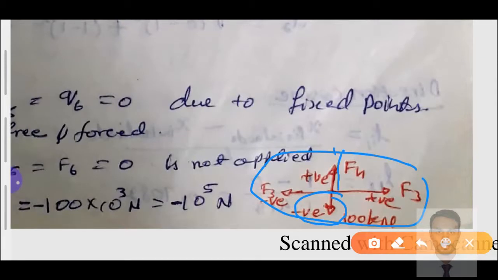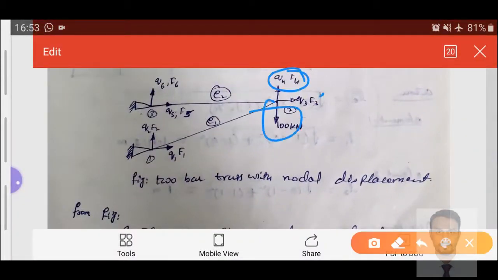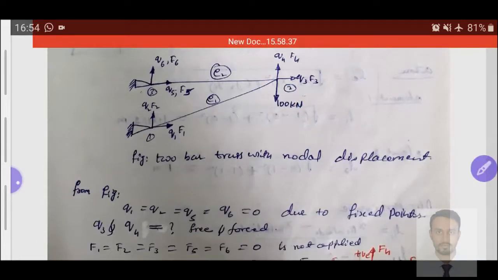The force representing the positive axis, with respect to the y direction, if the displacement is in the same direction then it is positive. If in the opposite direction, then it is negative. So along the x-axis, right side is positive, left side negative, based on the assumptions of the given problem. So force is negative with respect to the direction of representation of the element, right?